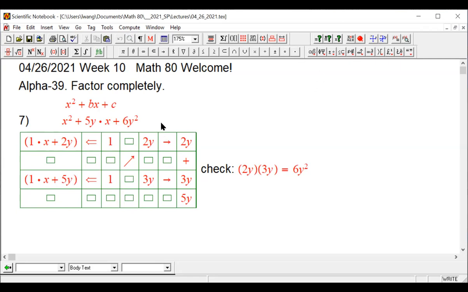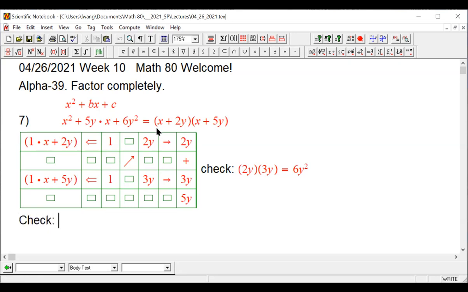Okay, and we can check, right? After you think you got your answer, x plus 2y times x plus 3y, we can always check our answer. So let's check.